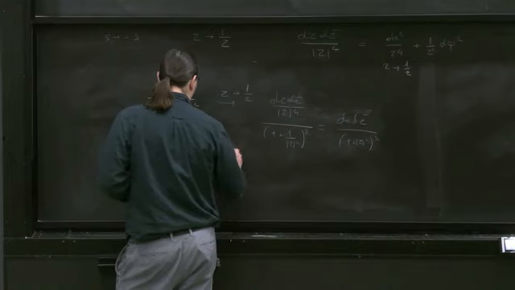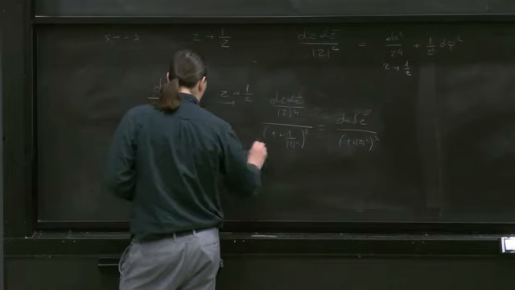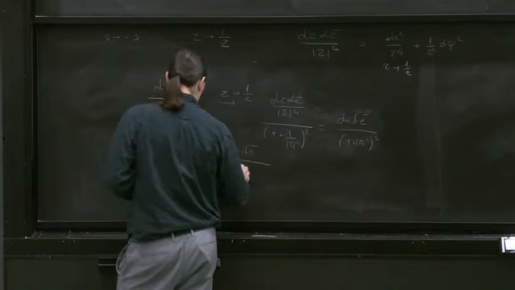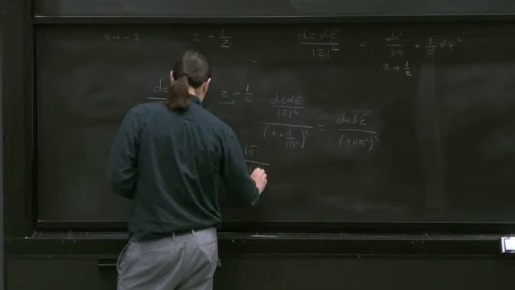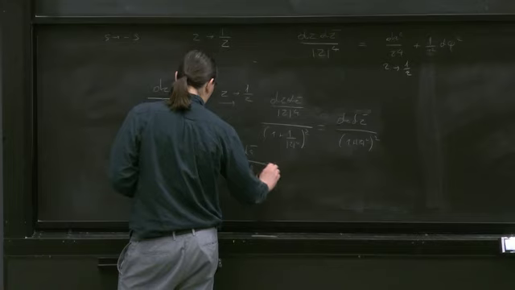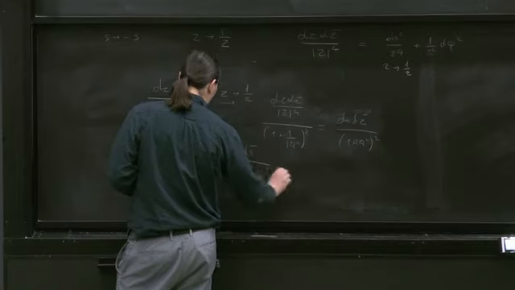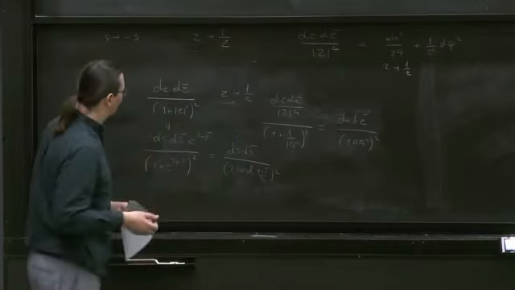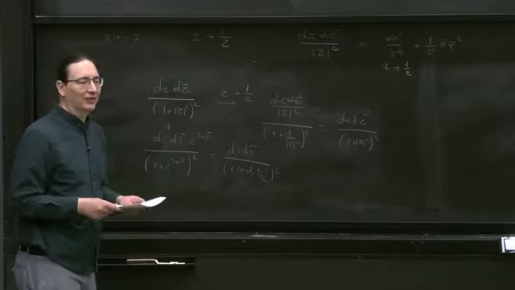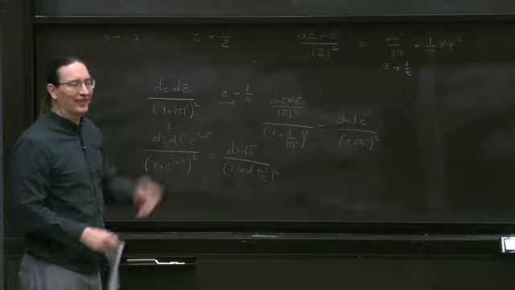So it's like ds d s bar over 2 cosh of (s plus s bar)/2, squared, or something like that. Anyway, it's a Weyl factor that squeezes both ends of the cylinder.